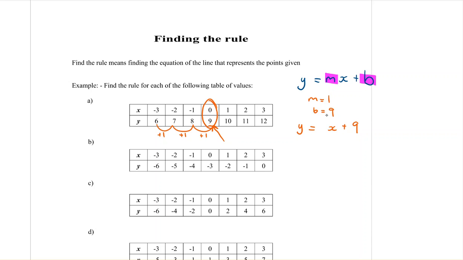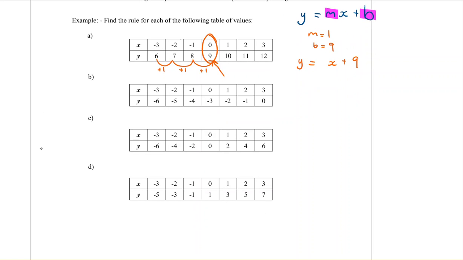All right, let's try again. Second table, have a look at these values here. What are they going up by? Going up by 1 again, so they're all plus 1s as I go across. So the m is equal to 1. What's the b equal to? The -3, correct.